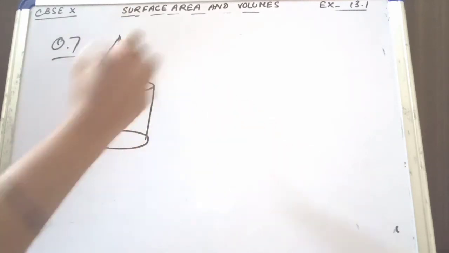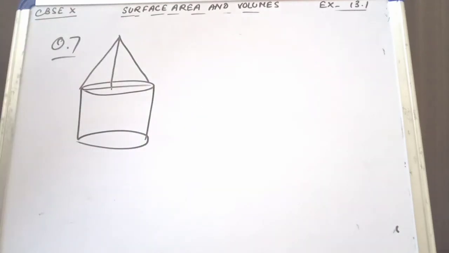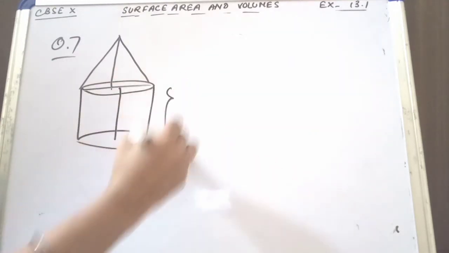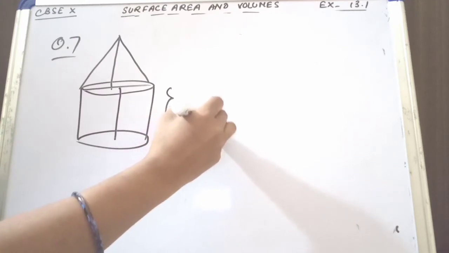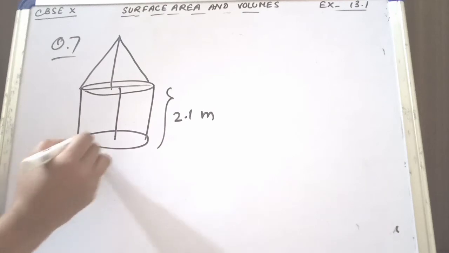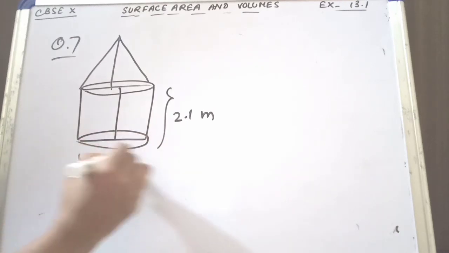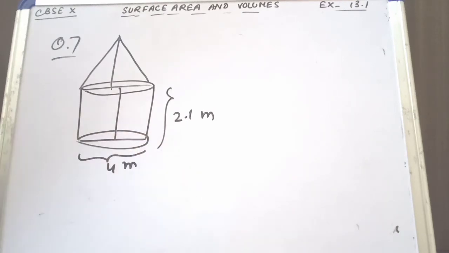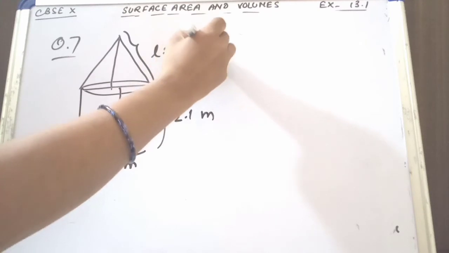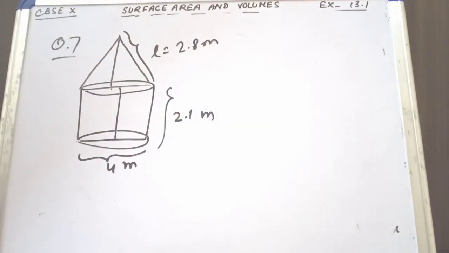Given that the height of this cylindrical part is 2.1 meter and the diameter is 4 meter, and the slant height L is equal to 2.8 meter.